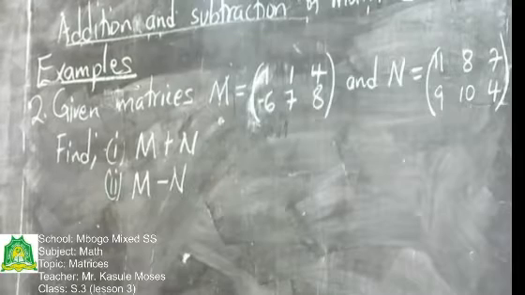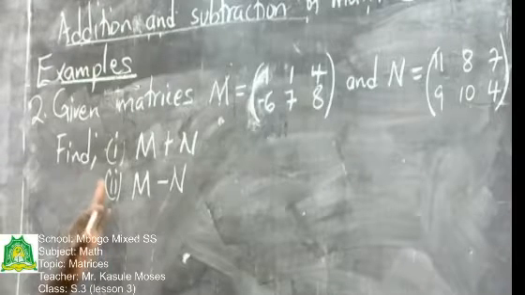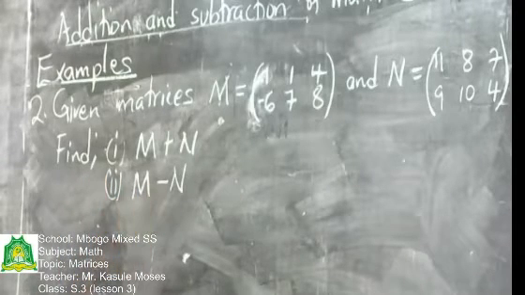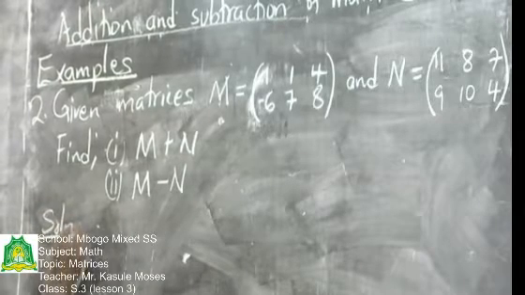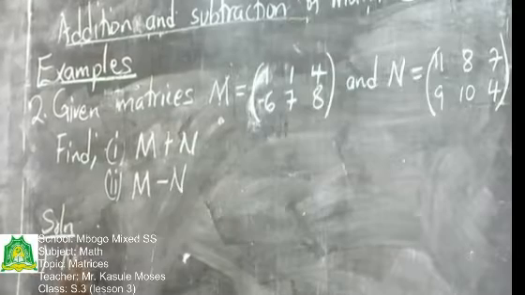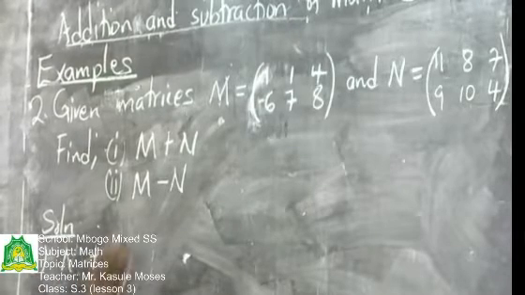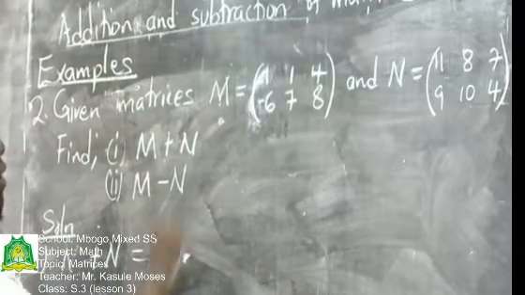So example 2, given matrices M and N, find M plus N, then find M minus N. I'm going to first substitute those matrices there. Roman 1, M plus N. I substitute my matrix M from there.